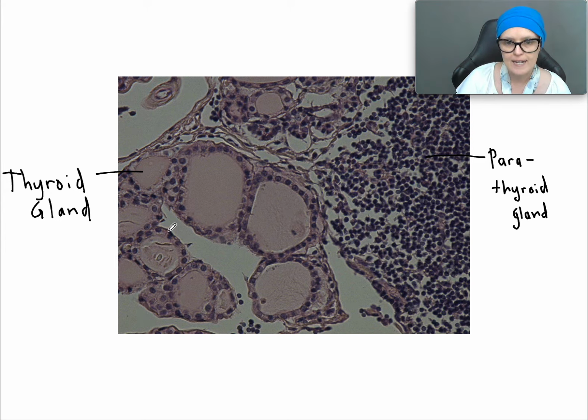So name the entire sphere. And these are spheres, they're cut, so the cut sphere looks like a circle. So the entire sphere is called, that's right, thyroid follicle.